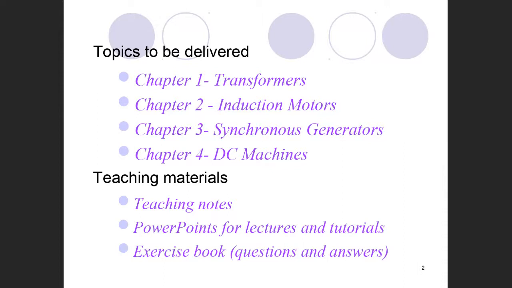After that, we will talk about the generators. In the generators, we choose the synchronous generator. We have different types of generators, but we choose this one as the typical one to introduce to you the basic concepts and principles of the generator.